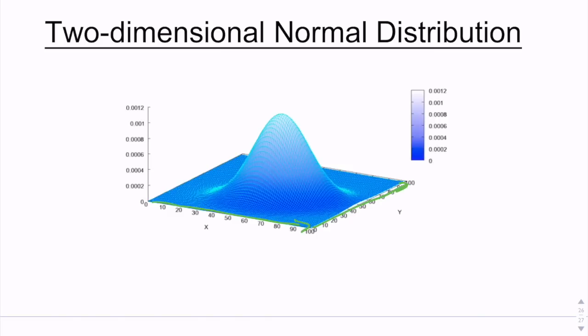And when you have 3D, it's like a cone shape for a two-dimensional normal distribution, whose mean is, let's say, here. Then I can get the mean. The mean here is a vector, so if the mean is here, let's say M1 and M2. We can also compute the variance and covariance.